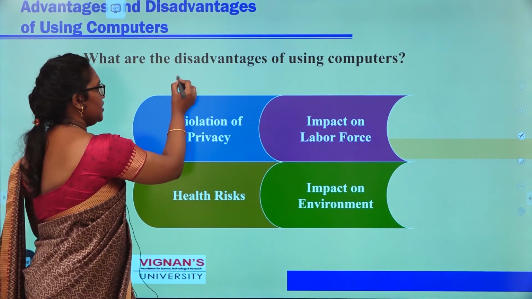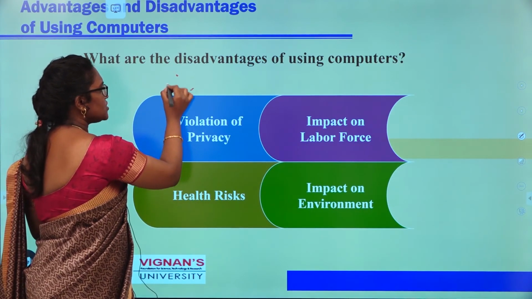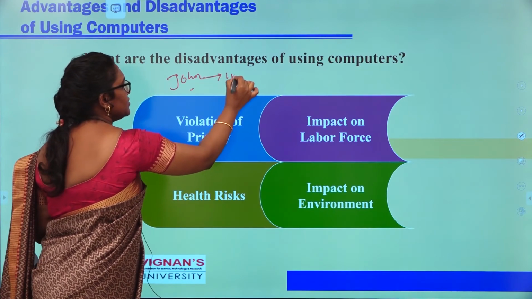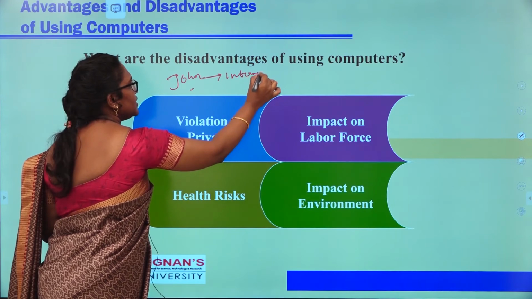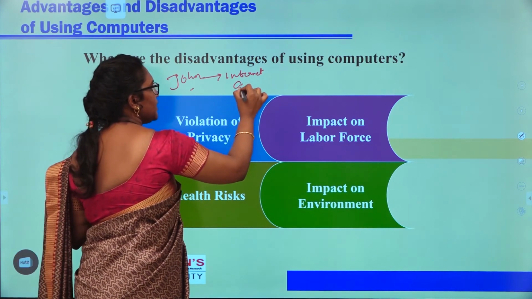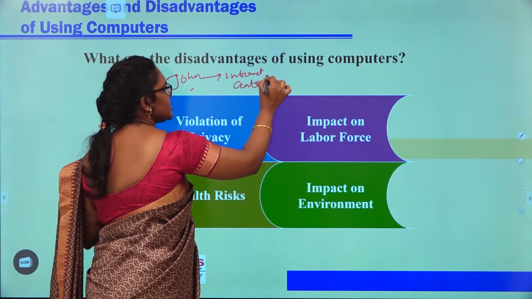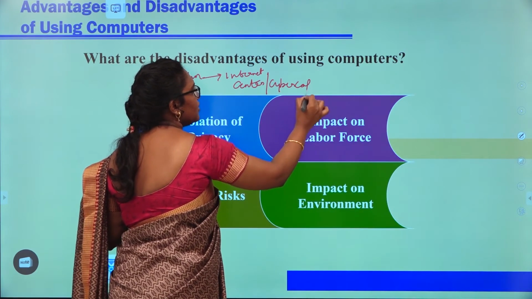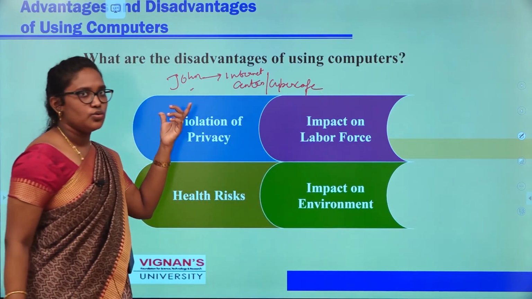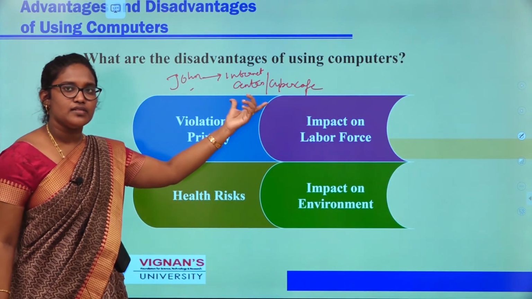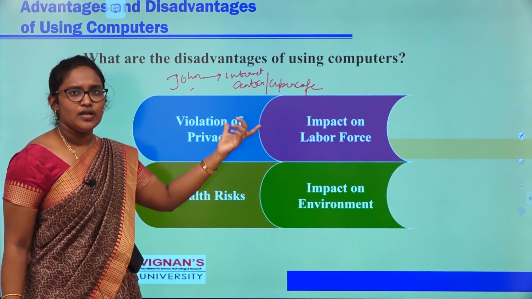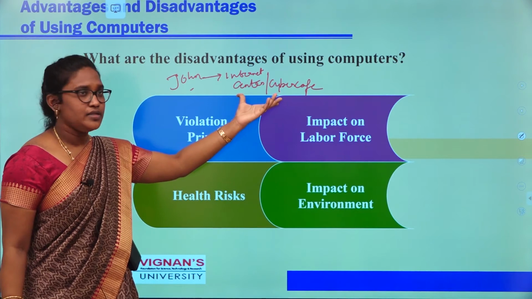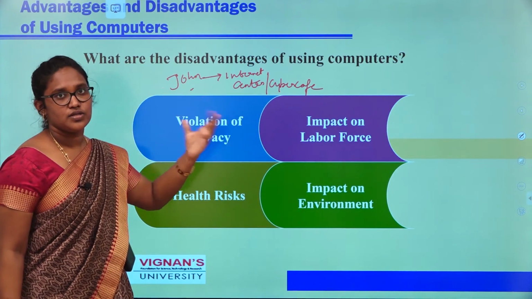For example, there is one person whose name is John. He went to an internet center, or you can say a cyber cave. If he tries to access his email in the cyber cave, obviously some other friend of John calls him to come fast to the home.